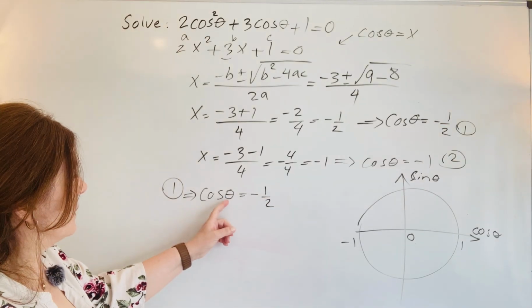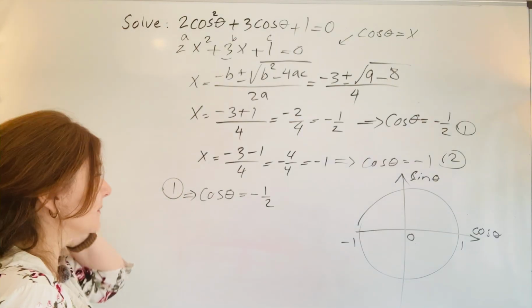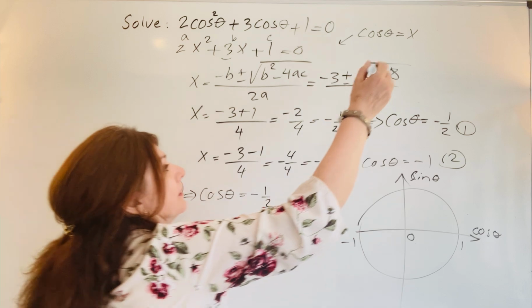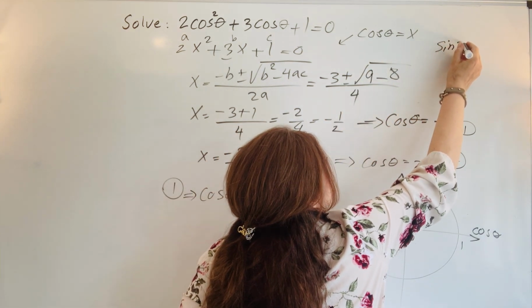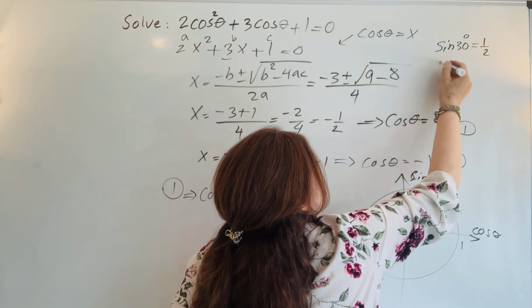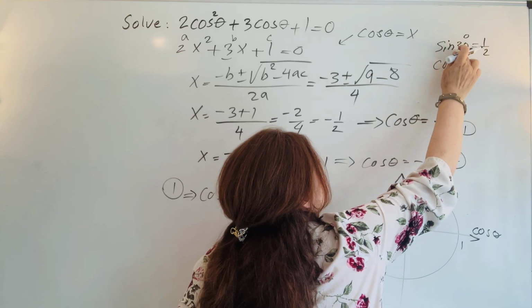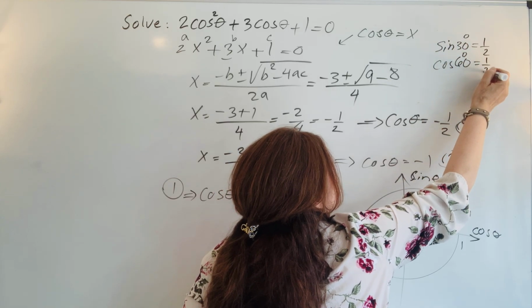We are looking for this theta. You knew that the sine of 30 degrees, and the cosine of its complementary angle, 60, are the same.